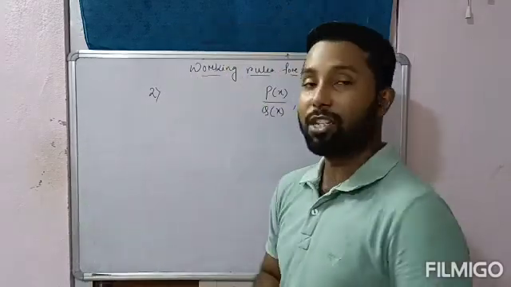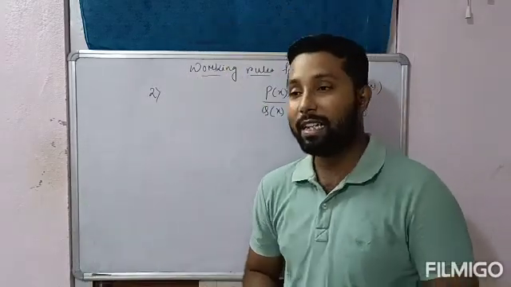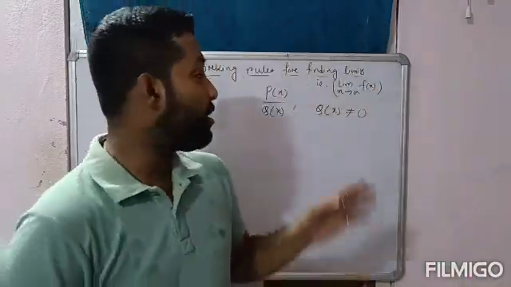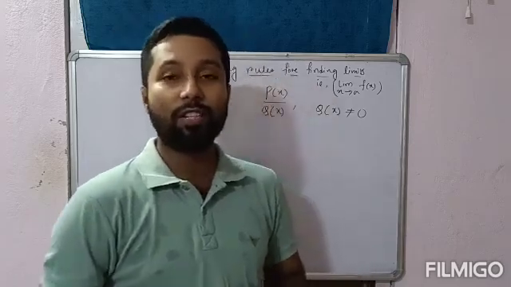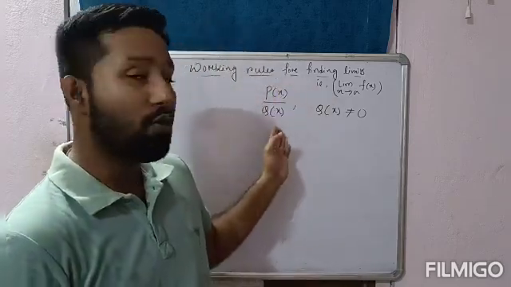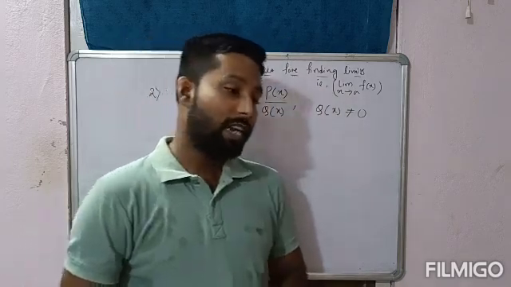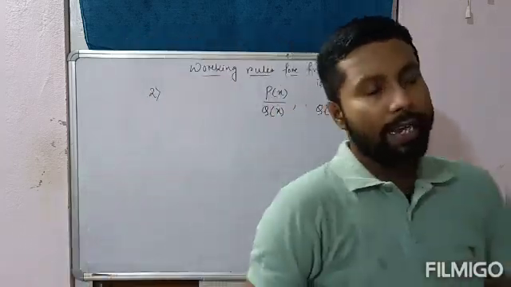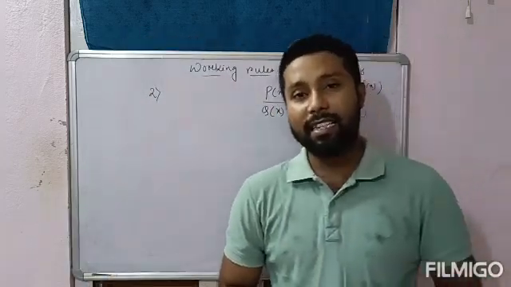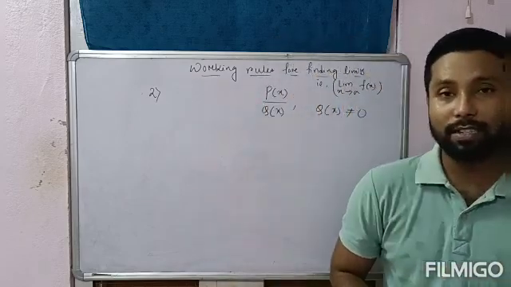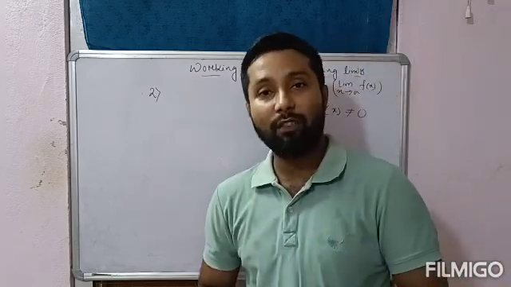If you know the definition of rational number, then you can easily understand the meaning of rational function also. Any function of the form px by q of x where q of x is not equal to 0.